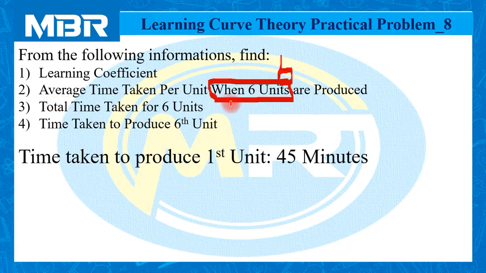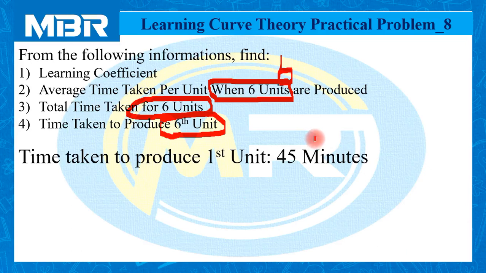So average time represents time per unit. Then total time taken for the manufacturing of 6 units and time taken to produce the exact 6th unit. So in this question, I have incorporated 3 different questions in order to clear your ideas.